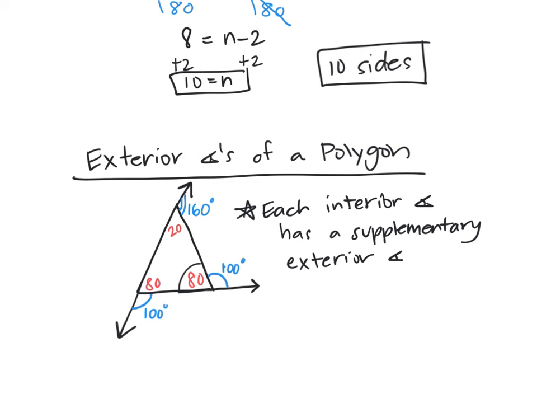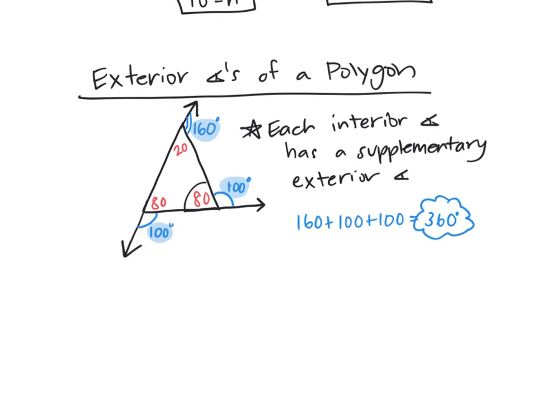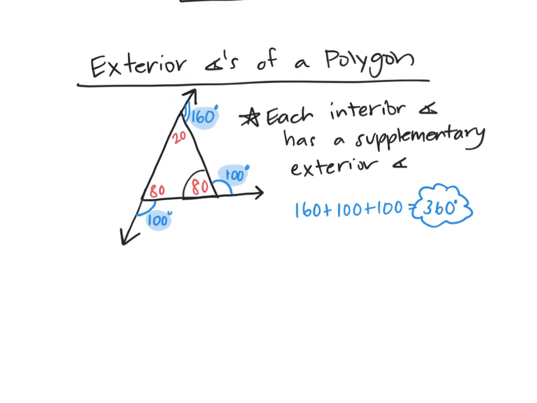And what's cool about exterior angles, the formula is actually very easy, because if you look at these three angles, 160, 100, and 100, and I add them up, I get 360 degrees. And that's not a coincidence, it's actually what you will always get for the sum of the exterior angles.